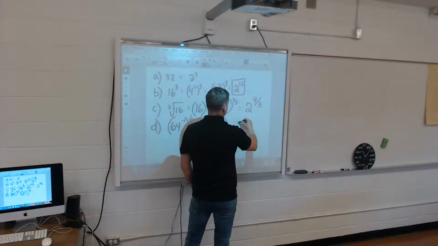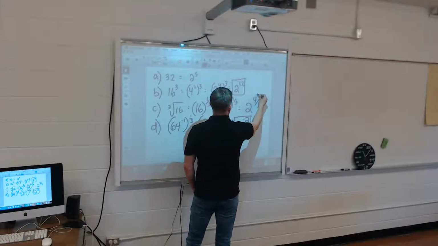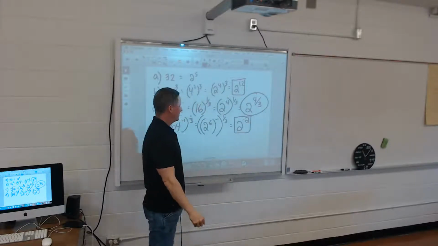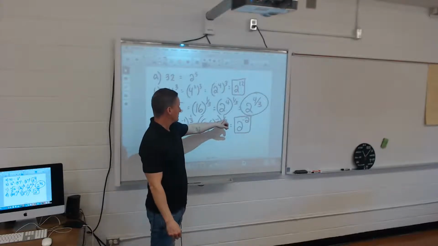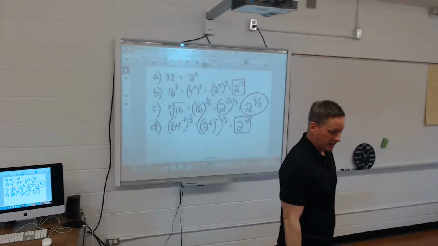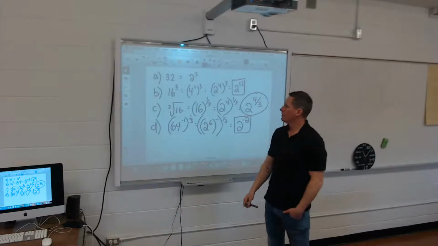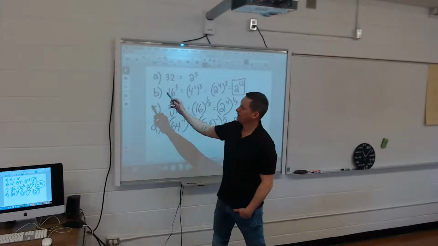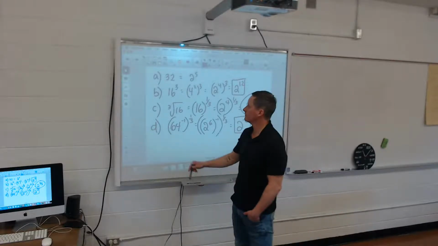Negative 6 times 1/3, negative 6 divided by 3 is negative 2. So that's rewriting all of those as a base 2. Okay? Basically, all it is, like I said, is a review of all your exponent rules.